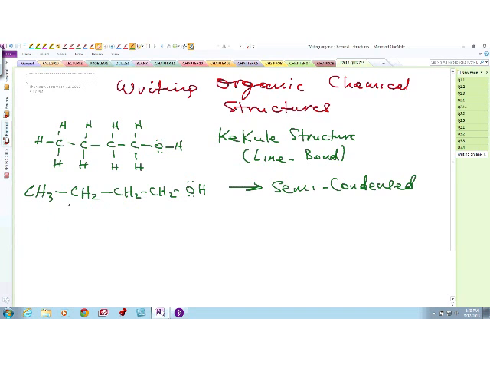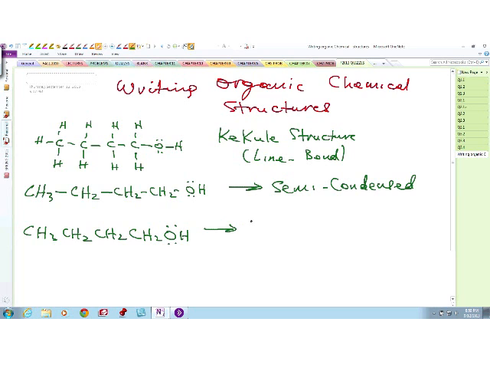Okay, we could then further condense this. Instead of showing this bond here, simply write this. Each time you do this, show the non-bonding pair of electrons wherever appropriate.